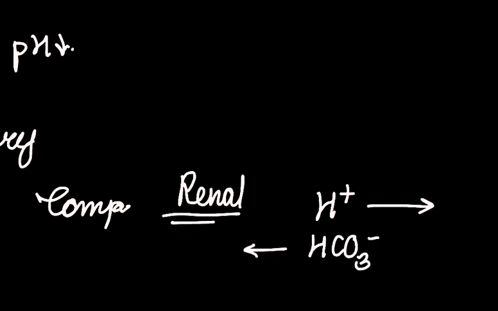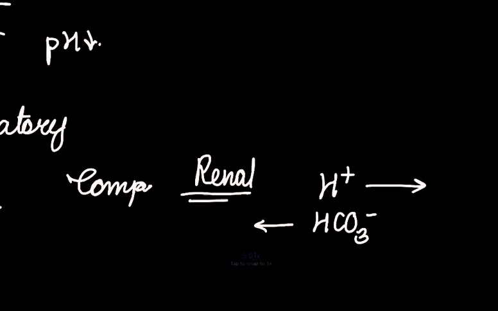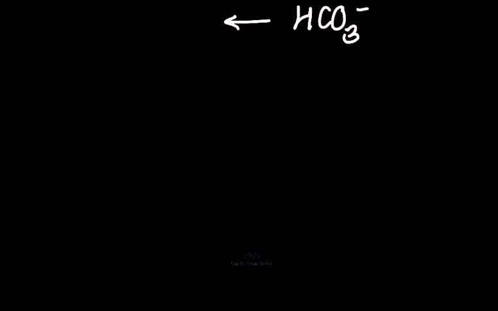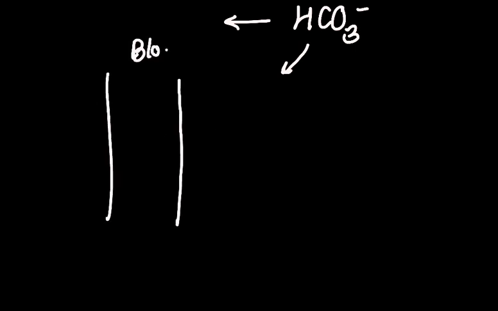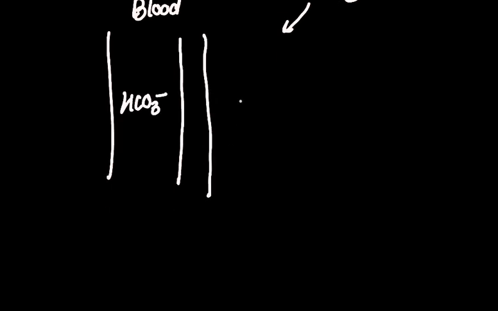What happens after HCO3 minus is reabsorbed? This is a little bit part of our respiratory physiology as well that I wanted to include here. As the HCO3 minus is taken, the blood HCO3 minus will increase. Now let's say this is the blood-brain barrier and this is our CSF.